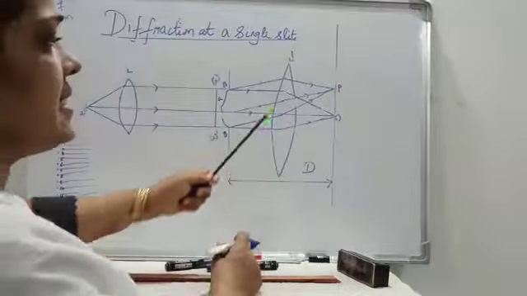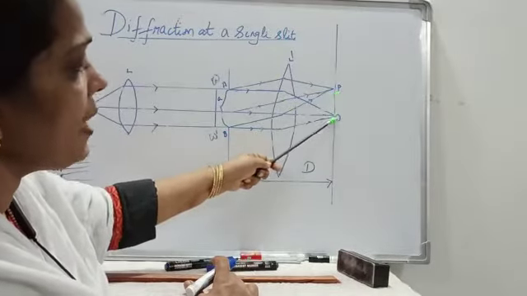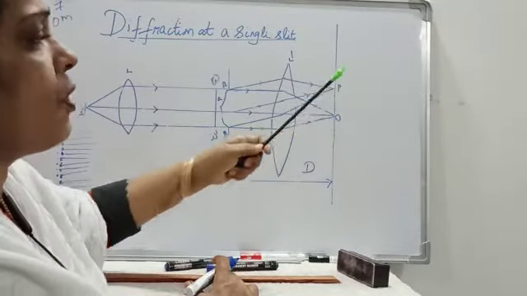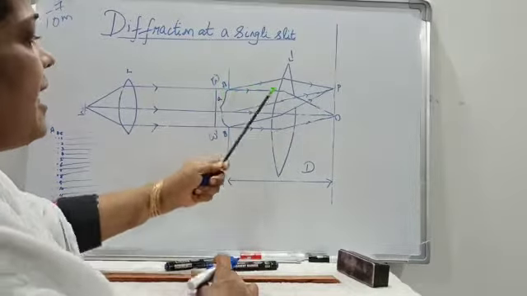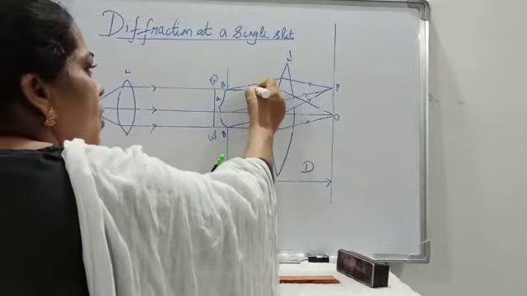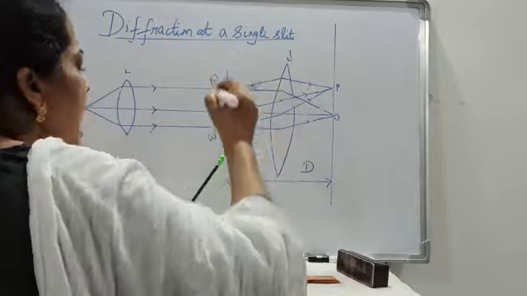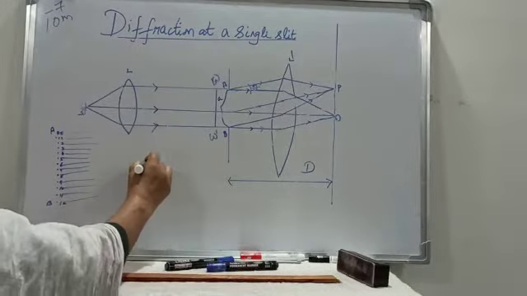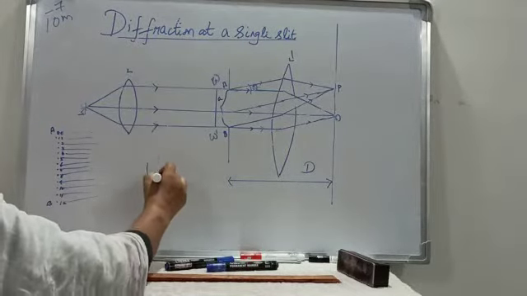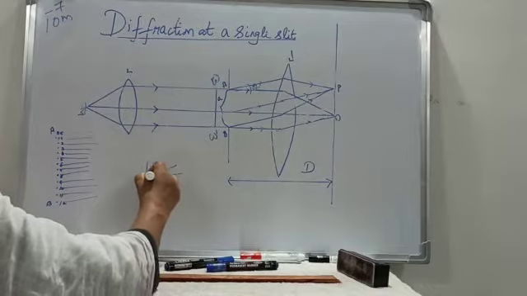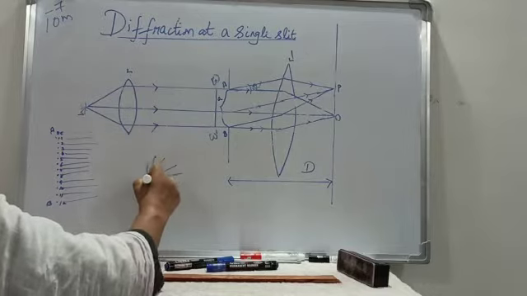Now, if you consider any other point beyond O, let us consider the point P, and let theta be the angle of diffraction. As I already told you, when you have a small slit, the waves can travel in any direction. They can be diffracted at different angles.